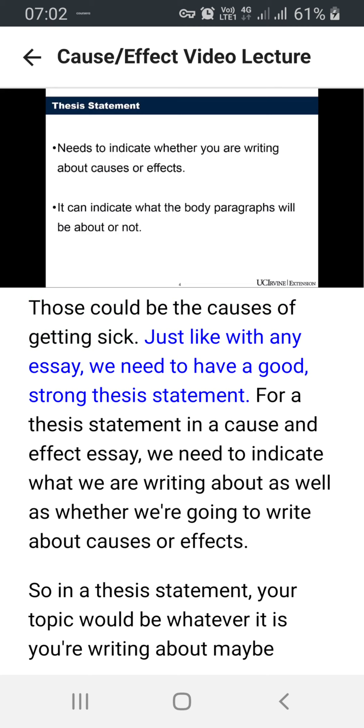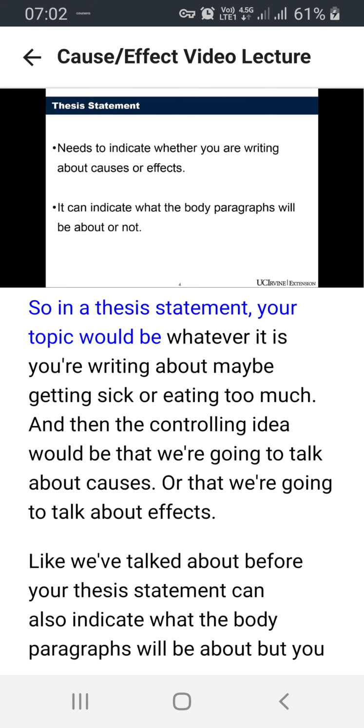Just like with any essay, we need to have a good, strong thesis statement. For a thesis statement in a cause and effect essay, we need to indicate what we are writing about, as well as whether we're going to write about causes or effects.